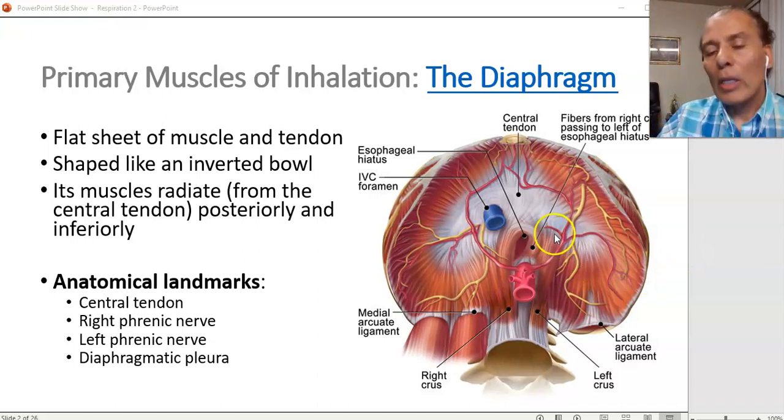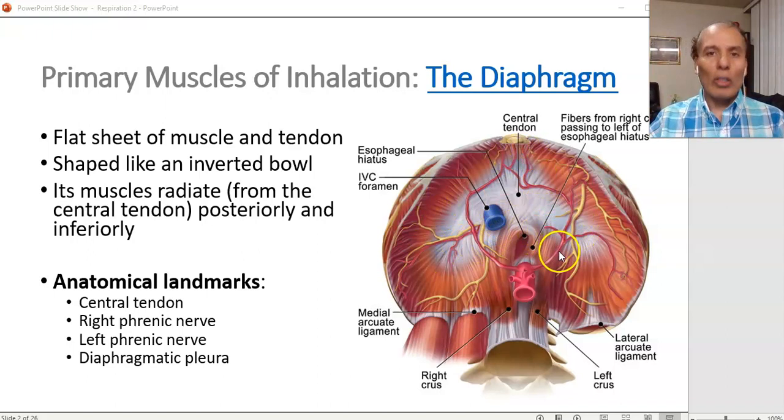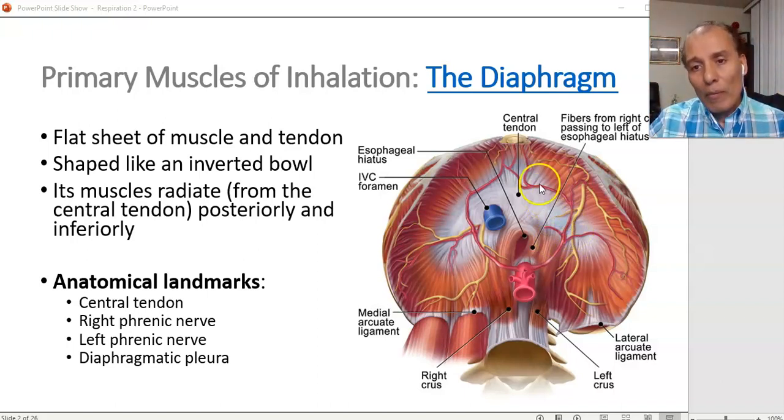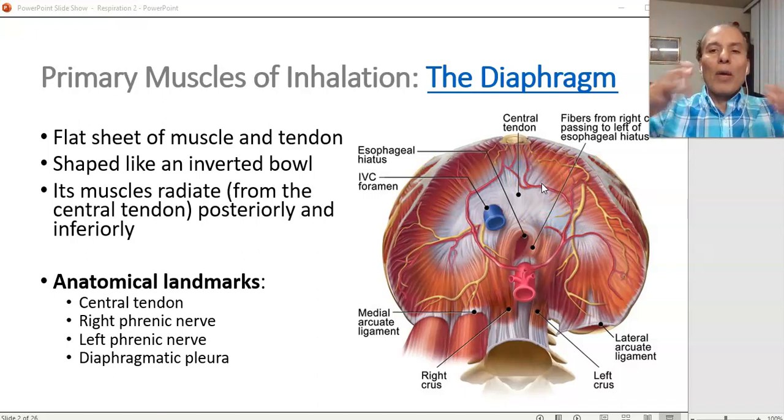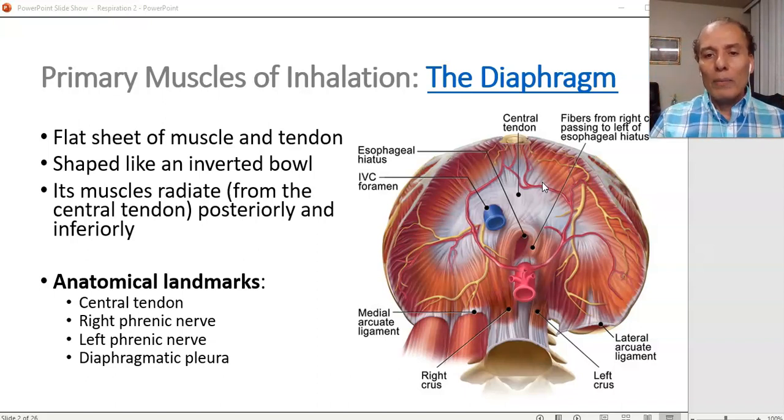You notice that this white structure here is called the central tendon. A tendon is made of fibrous connective tissue that is tough. And out of the central tendon, the muscles of the diaphragm radiate. They spread out anteriorly and inferiorly and laterally and posteriorly.